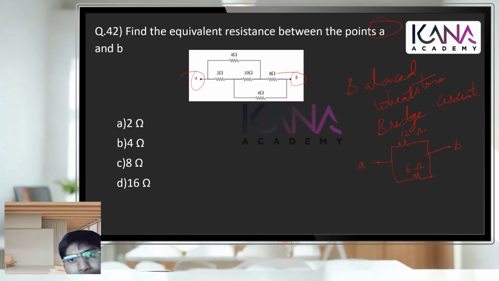This is 4, 2, and this is the central Wheatstone bridge resistor. Simplified, the diagram looks like this, and then it is easy to solve. So RAB is what? Simple parallel resistance formula: 12 into 6 by 12 plus 6, which is 4 ohms.